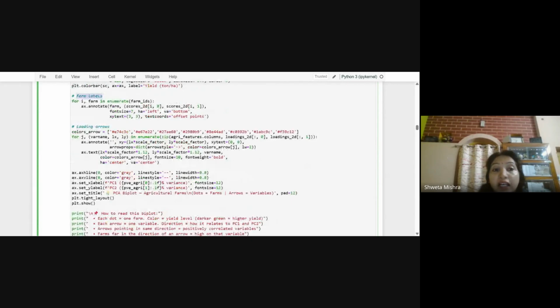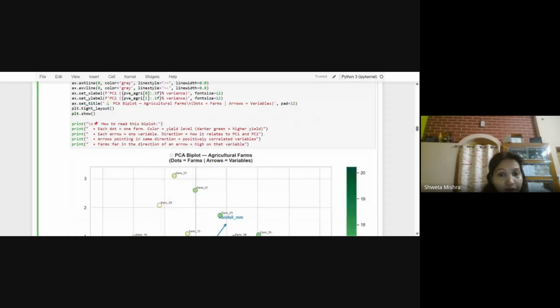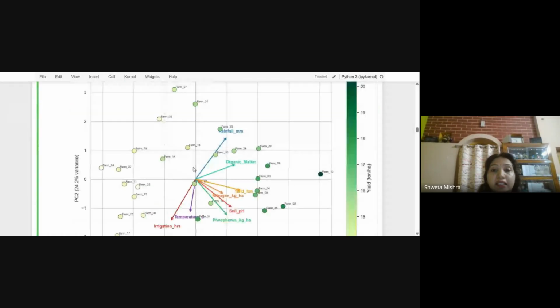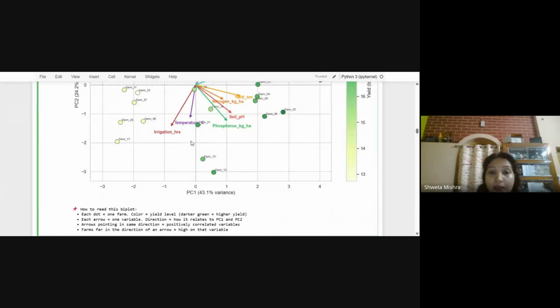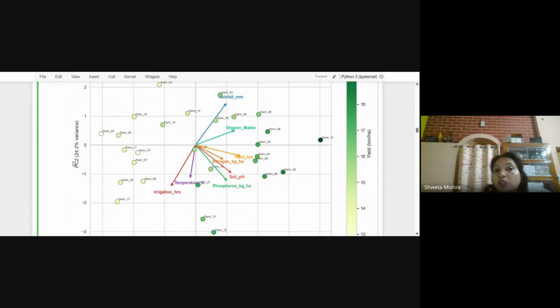Then we are getting some arrows, because these provide us information about the relation of those farms. Here you can see principal component 1 versus principal component 2.